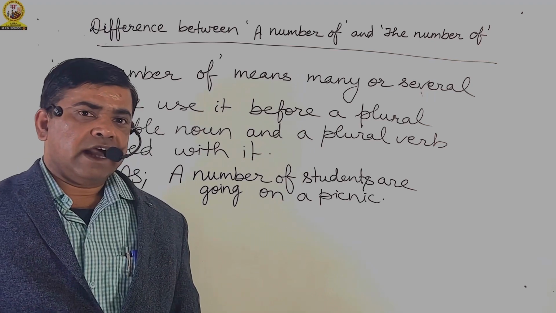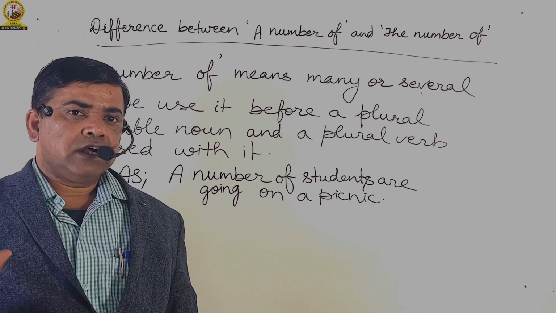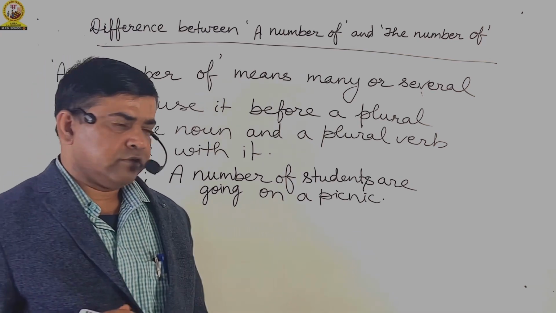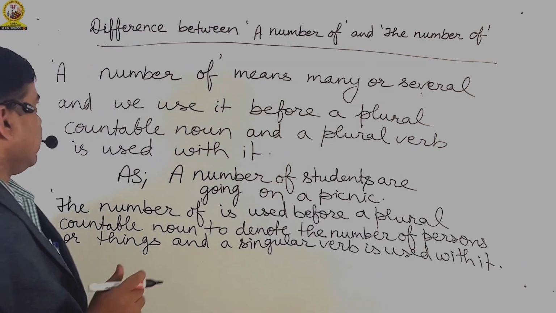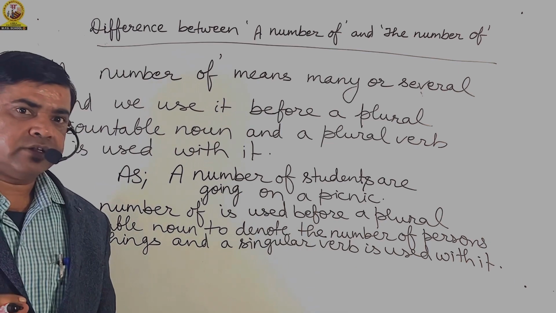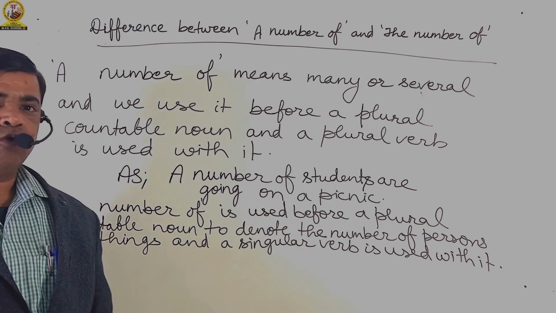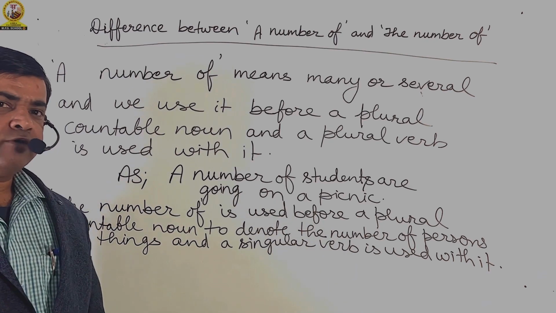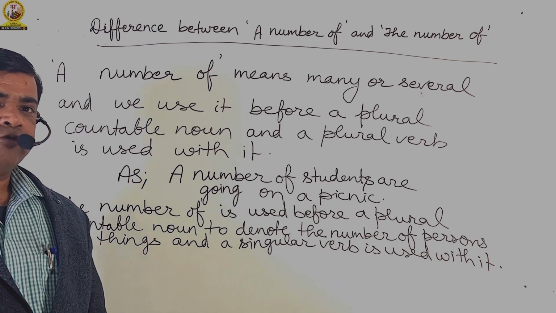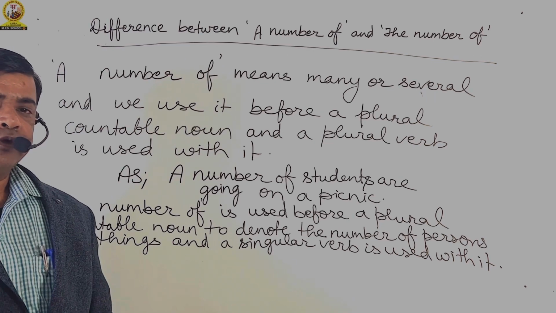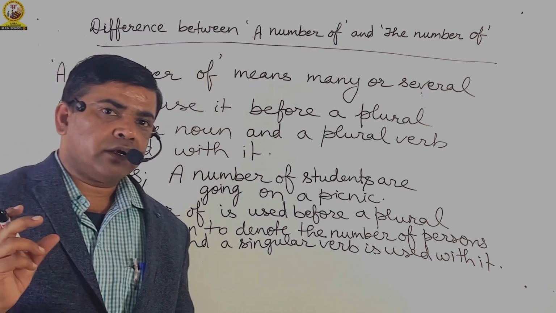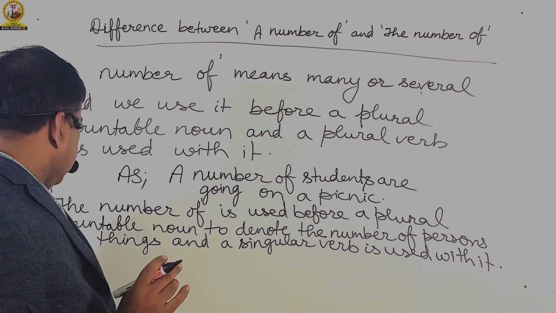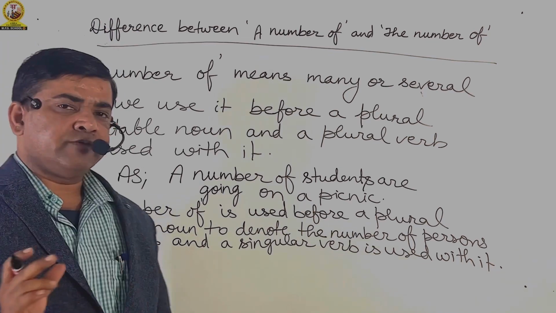Next, I will discuss with you about the use of the number of. The next important point related to the fourth rule is the number of is used before a plural countable noun to denote the number of persons or things, and a singular verb is used with it.